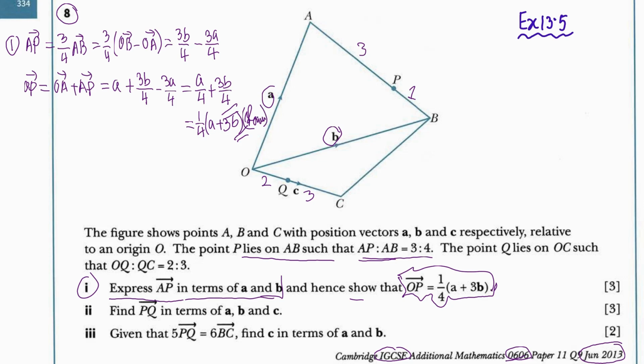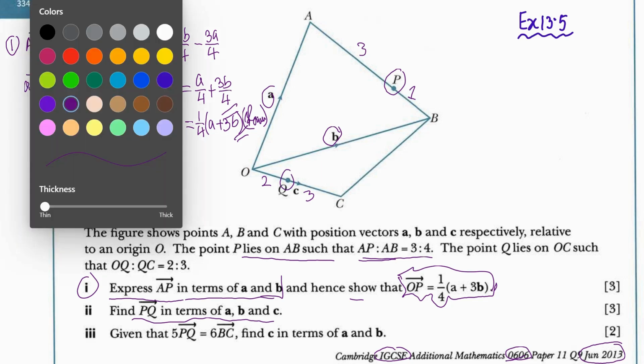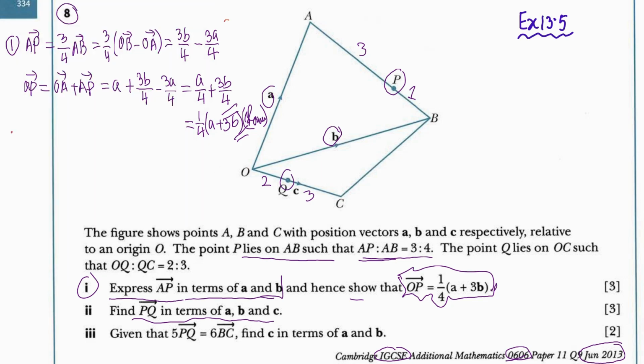The second part is written here: find PQ in terms of a, b and c. What is PQ? P is this point and Q is here. So for this question, let me use a different color. PQ can be written using position vectors as OQ minus OP.